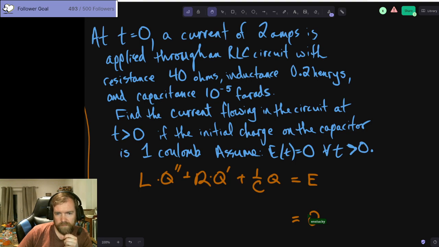Q is not exactly what we want. We want current.